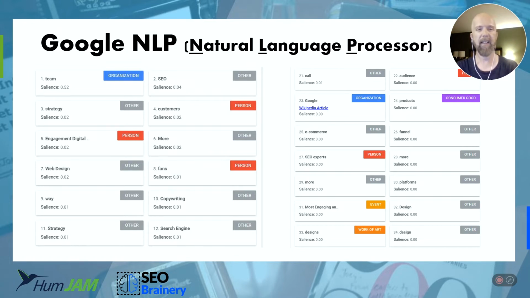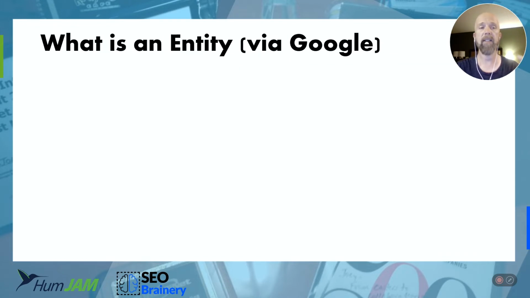So it's thinking that our page is more about team. And SEO is up there high, and copywriting, search engine, over here on the left. It's basically taking a stab at what all the entities on my page are. Some of these are known, some of these are unknown. The other, that shouldn't say other, but that's what we use schema for, so that Google recognizes all the entities.